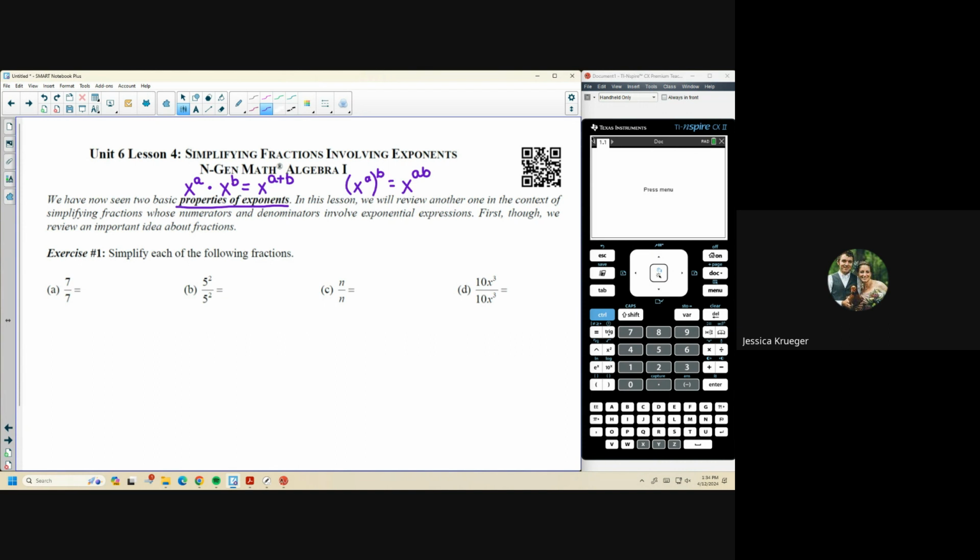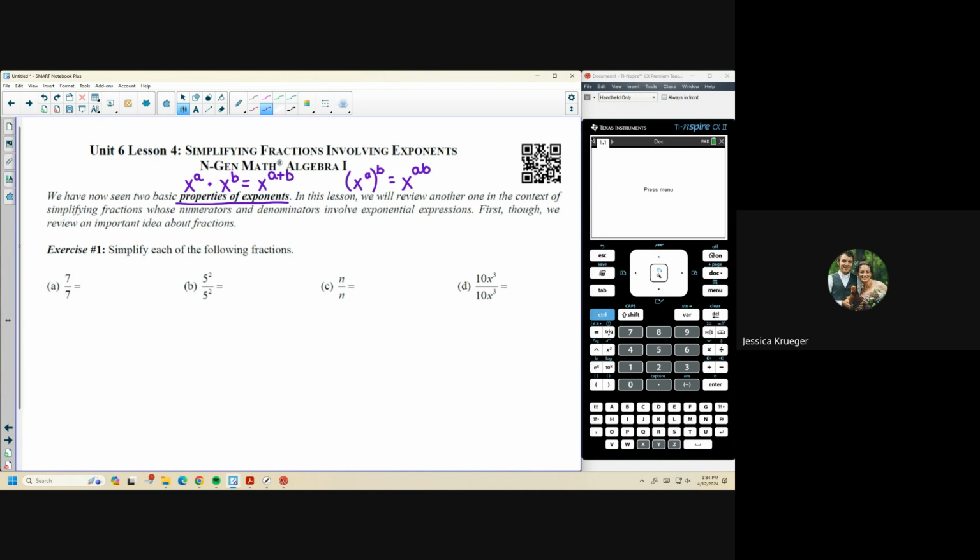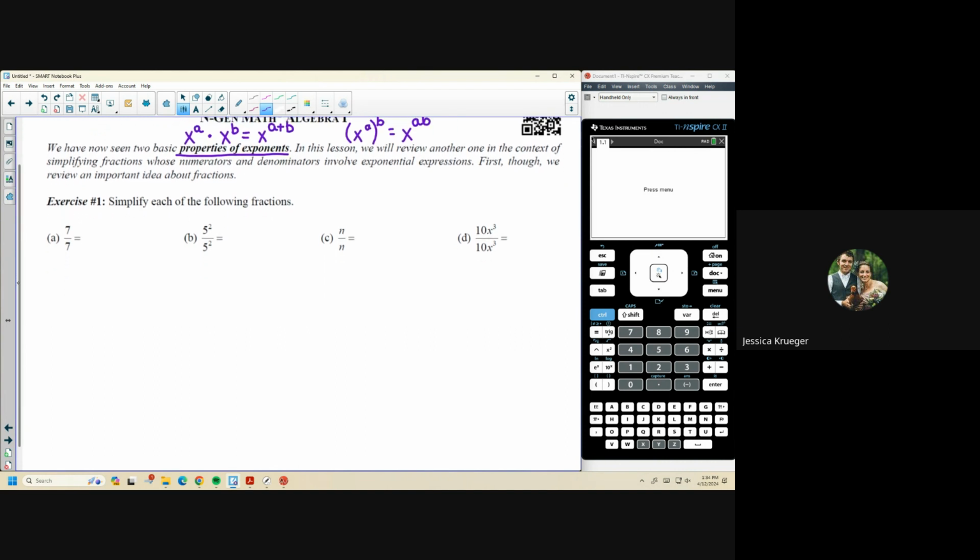when we are dividing. So there's an important idea about fractions that I just want to remind you of, and that's the following. In part A here, if you have 7 divided by 7, the answer to that is 1. 5 squared over 5 squared. 5 squared is 25. So the top and bottom of this fraction is 25, and 25 over 25 is also 1.